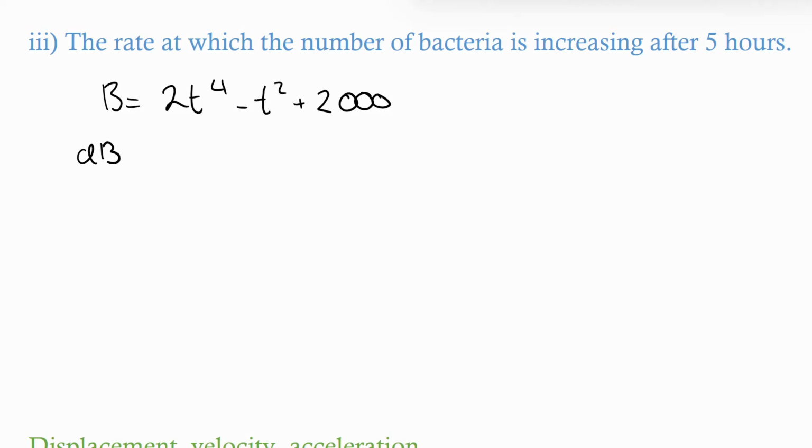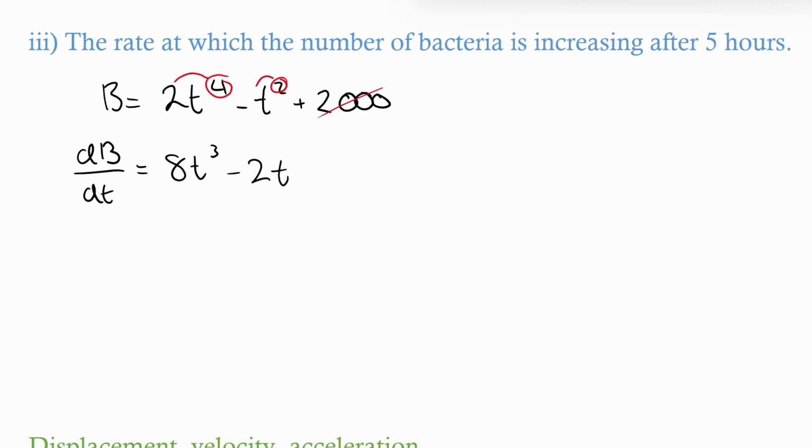Now we need to differentiate it. So db over dt, because that was what came first. The 4 here comes out the front, and the 2 comes out the front here. The 2000, because it doesn't have a t value, is going to disappear. So we end up with 8t to the power of 3, because you minus 1 off the power, minus 2t, because you minus 1 off the power, we're left with 1.